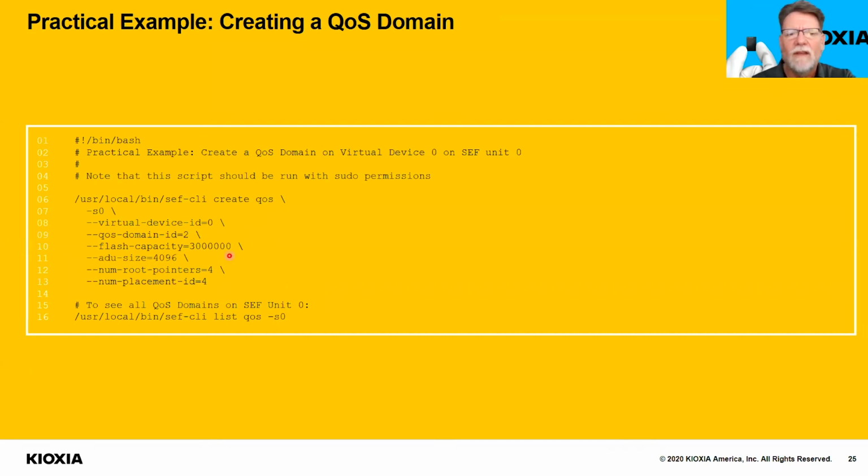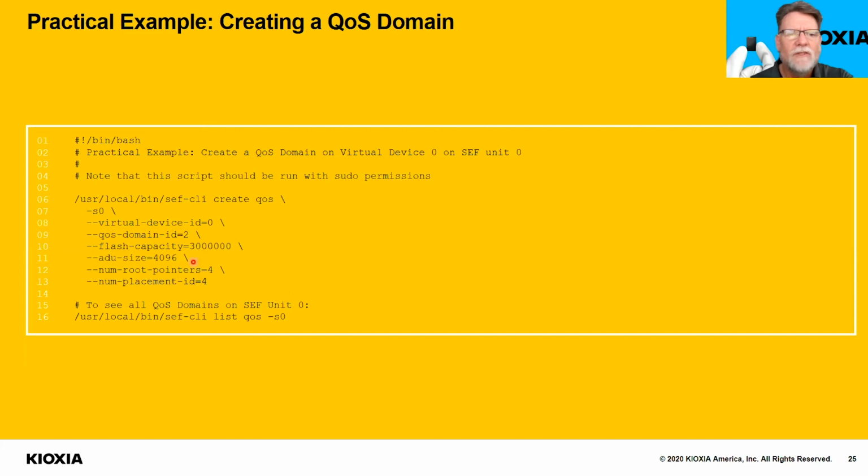And this construct, a root pointer, allows you to store the metadata for a QoS domain within the actual QoS domain itself, and then store the address at which you stored it in the root pointer, and it gives you a bootstrapping mechanism for reinitializing a QoS domain at startup time.